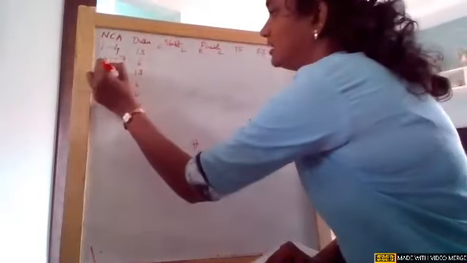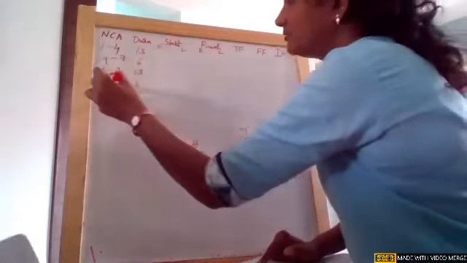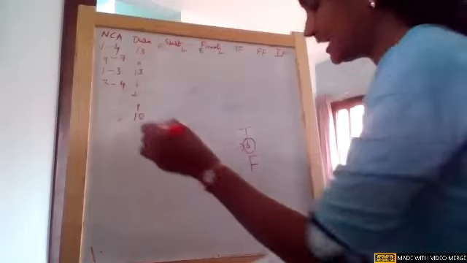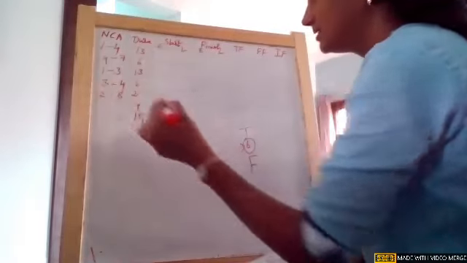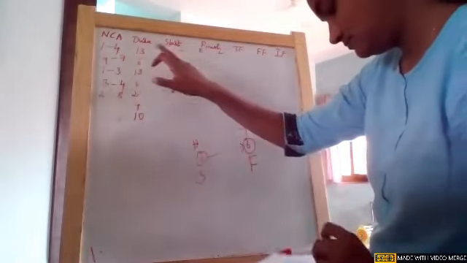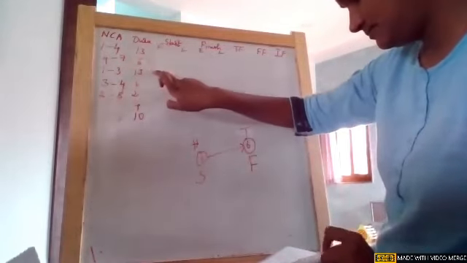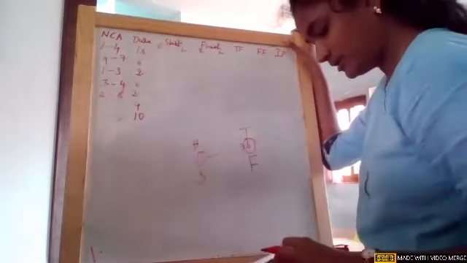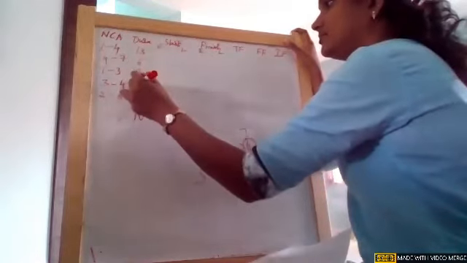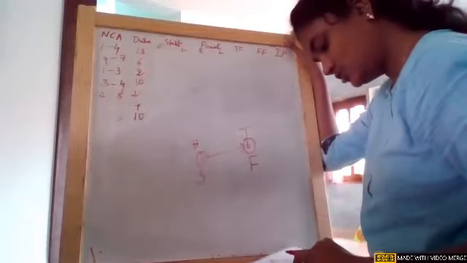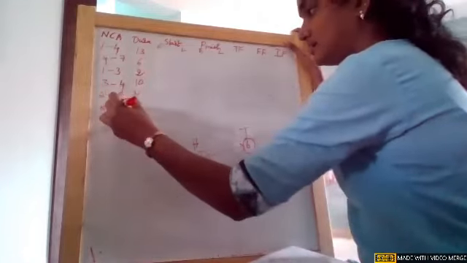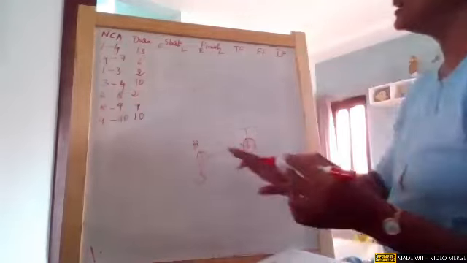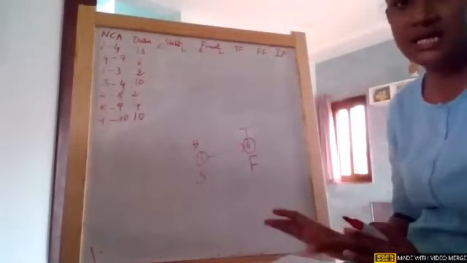Then 1 to 3, 3 to 4, and the next non-critical activity is 2 to 8. 1 to 3 is 2, 3 to 4 is 10, 2 to 8 is 2, 8 to 9 is 4, and 9 to 10. These are the non-critical activities according to the network I shared in the notes.